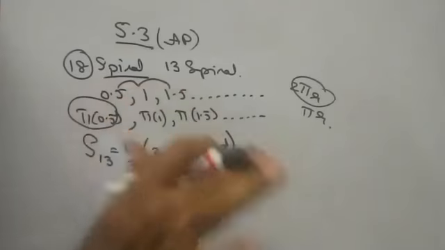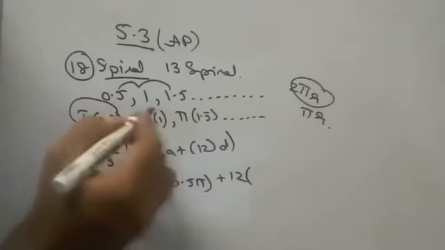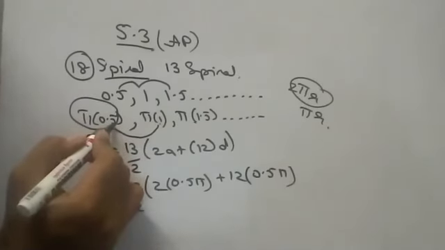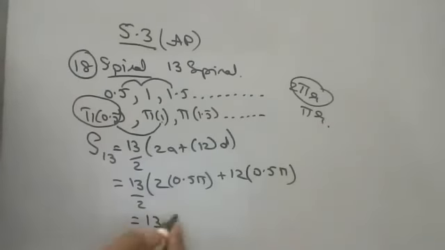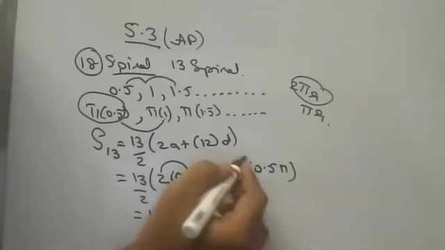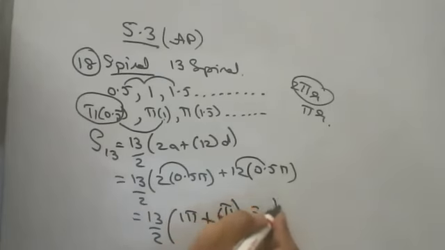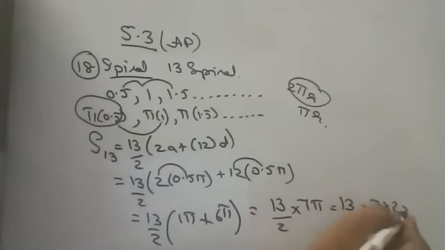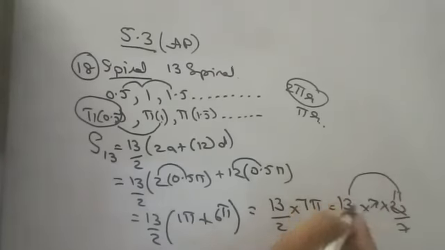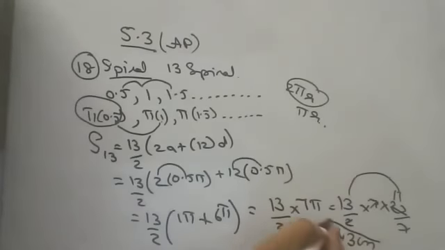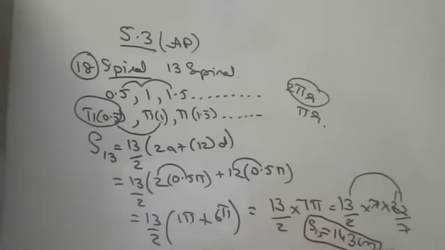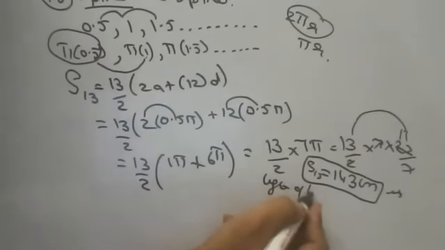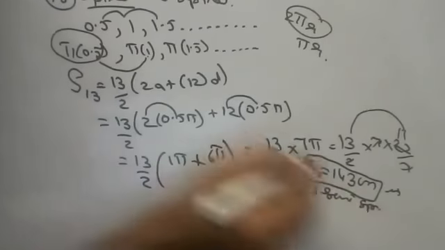If you take this directly, children, be careful. 12 into d is how much, children? 1 minus 0.5 is 0.5 only, 0.5 pi again. 13 by 2 into, 2 into 0.5 is 1 pi plus 12 into 0.5 is 6 pi. 13 by 2 into 7 pi. 13 by 2 into 7 into 22 by 7. 7 7 cancel, 2 11s are 11 into 13 is 143 centimeters is the length of 13 semicircular spirals.